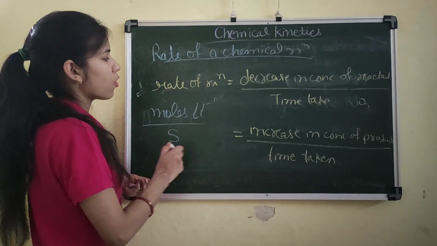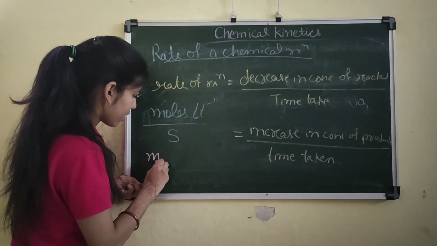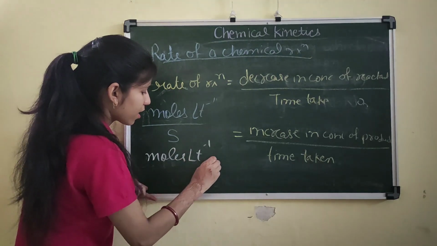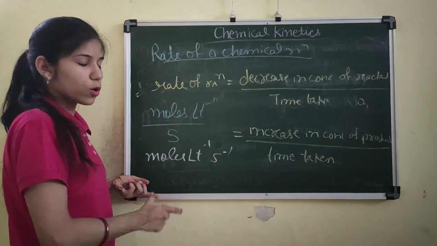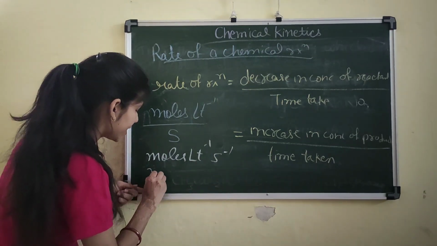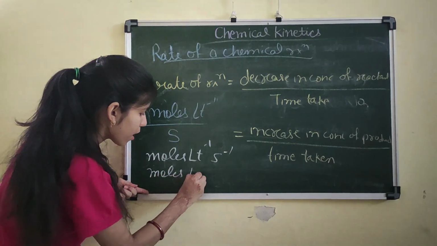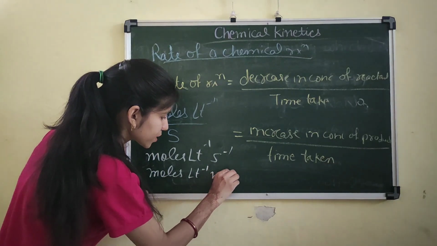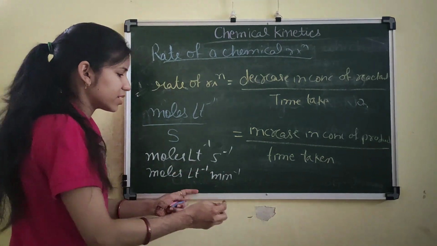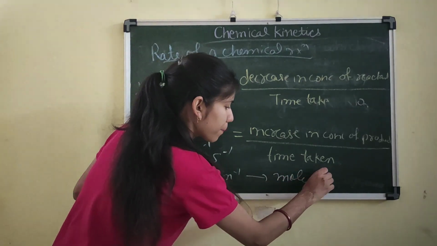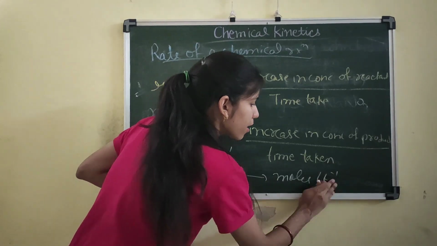So the unit of rate of reaction is moles per liter per second, and we can also derive these units in minutes or hours. So it will be moles per liter per minute, and in hours it will be moles per liter per hour.